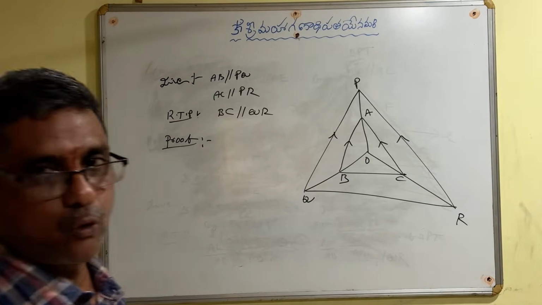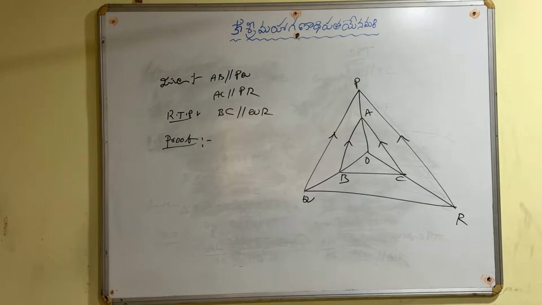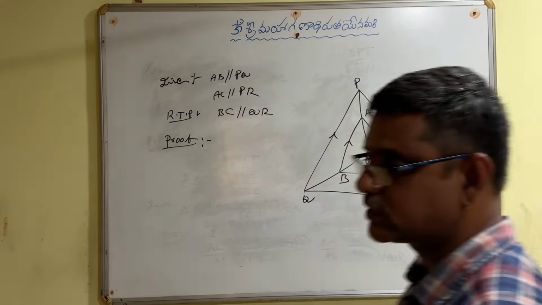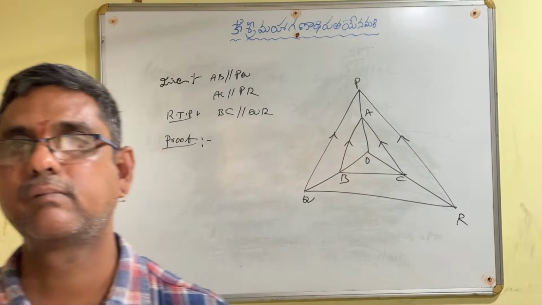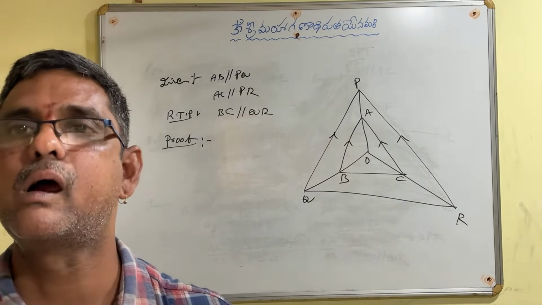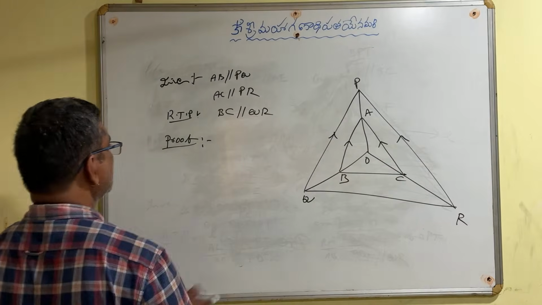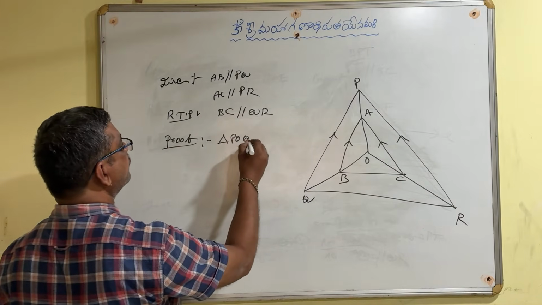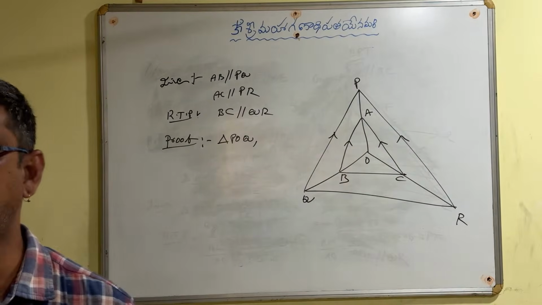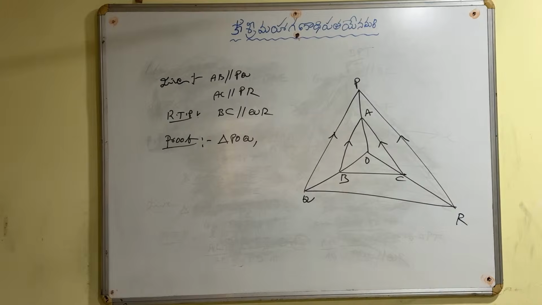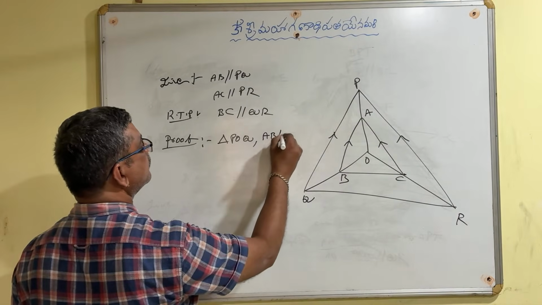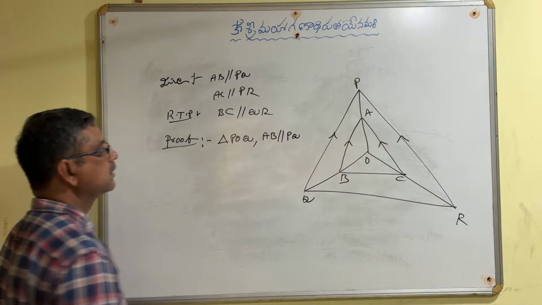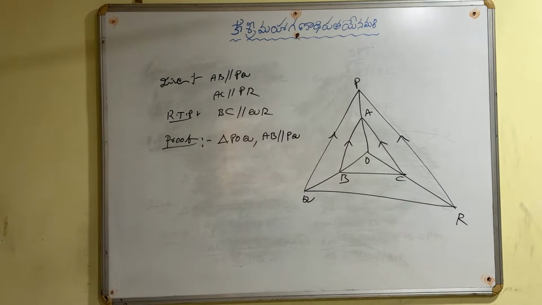Now, how to prove BC parallel to QR? From where do we have to start? Any idea, children? Consider triangle POQ in which AB is parallel to PQ.